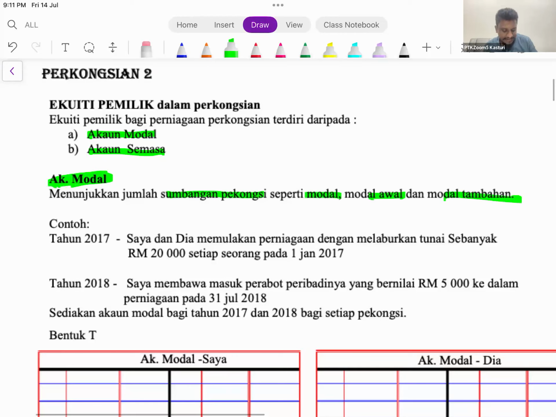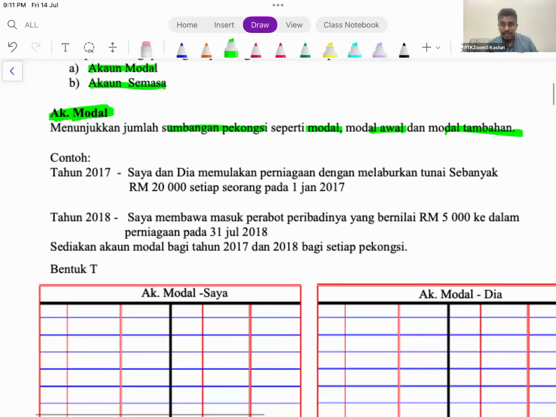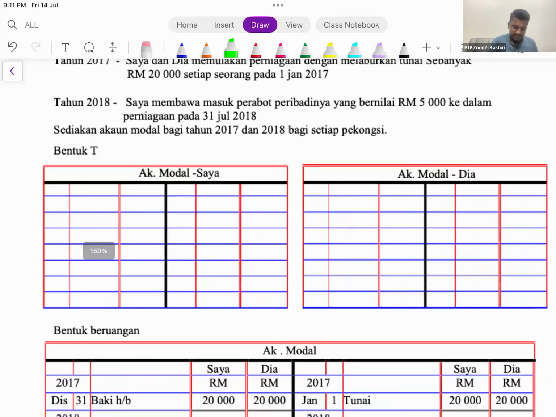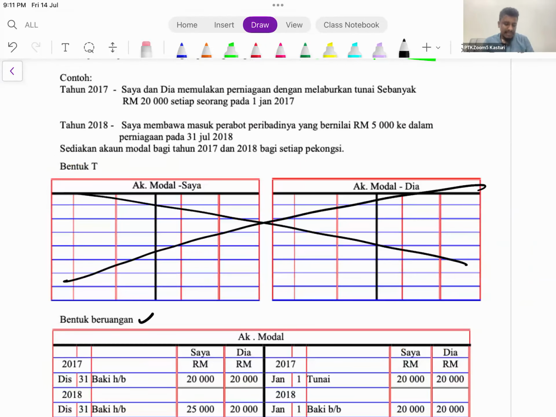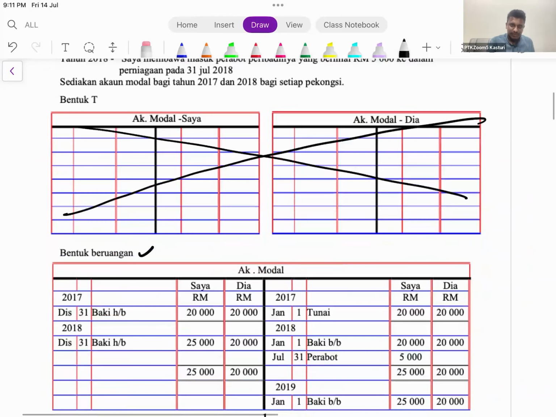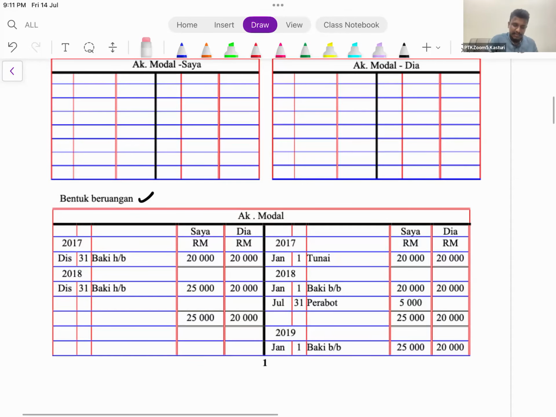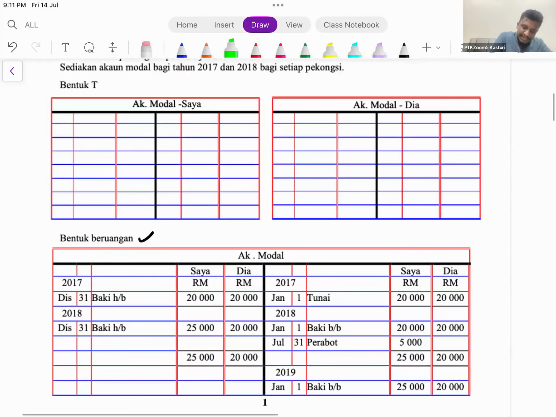I don't want to discuss about the bentuk T. We straight away go for bentuk berruangan. I already typed the answer. Just listen to me. Bentuk berruangan is actually, bentuk T ini adalah modal saya, debit.